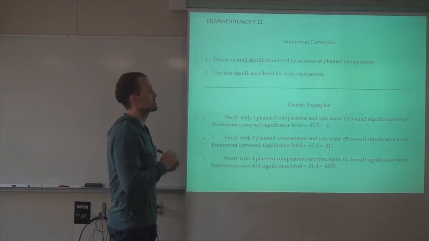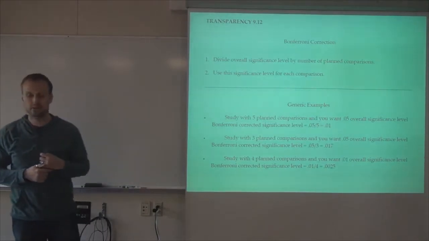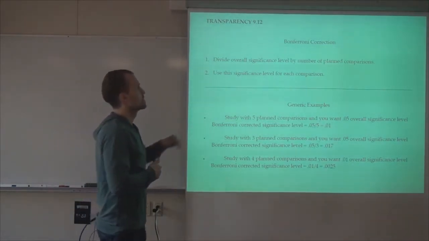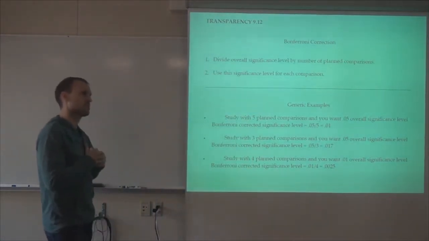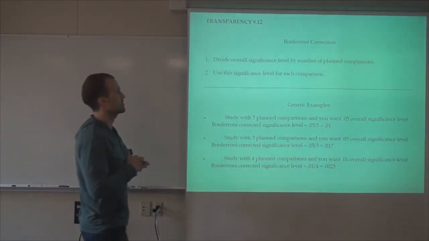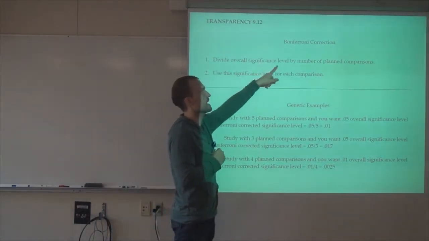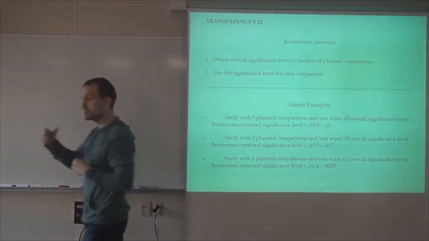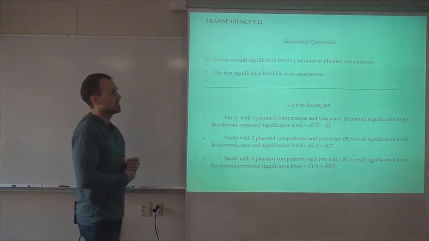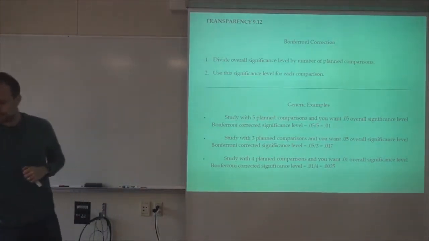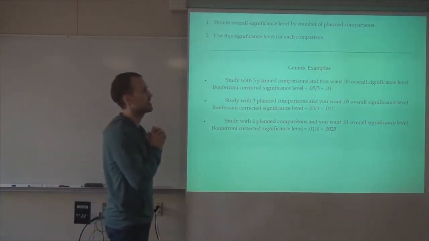In order to avoid that risk or limit that increased type 1 error probability, we have the Bonferroni correction, which is going to be much simpler than you might think at first. All I'm going to do is take my original significance level and divide it by the number of pairwise tests I'm going to do, and I'm going to use that significance level, a much smaller alpha.